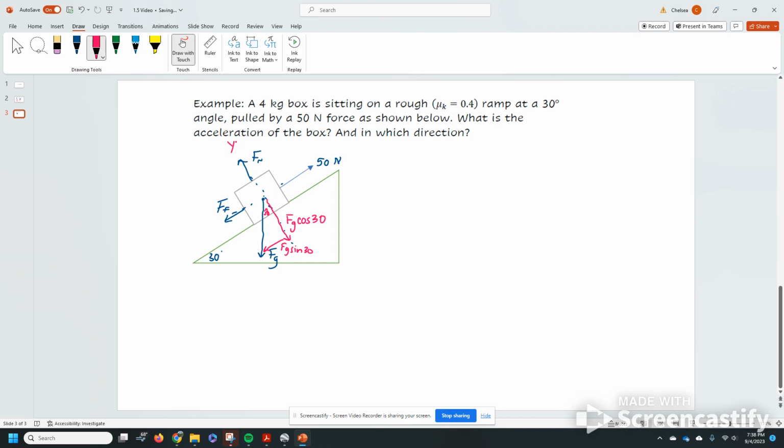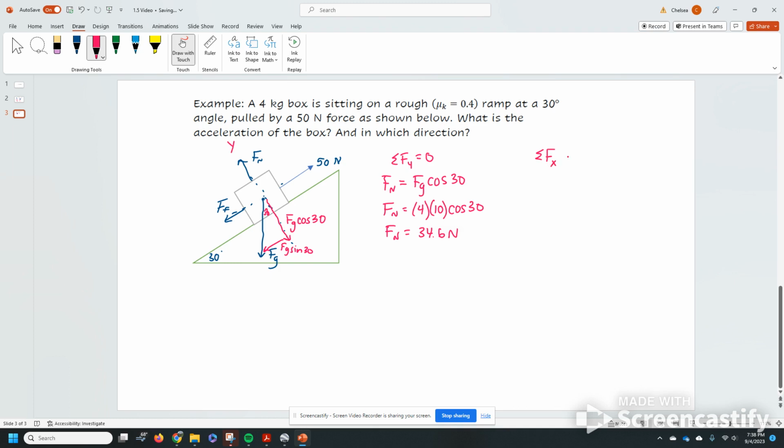This is not accelerating off or into the ramp. So sum of forces in the y direction will be 0, which means my normal force is going to be equal to FG cosine 30. And I know that the mass is 4. FG, I have to multiply that by g, so let's say that's 10 times the cosine of 30. And that gives me a normal force of 34.6 newtons.